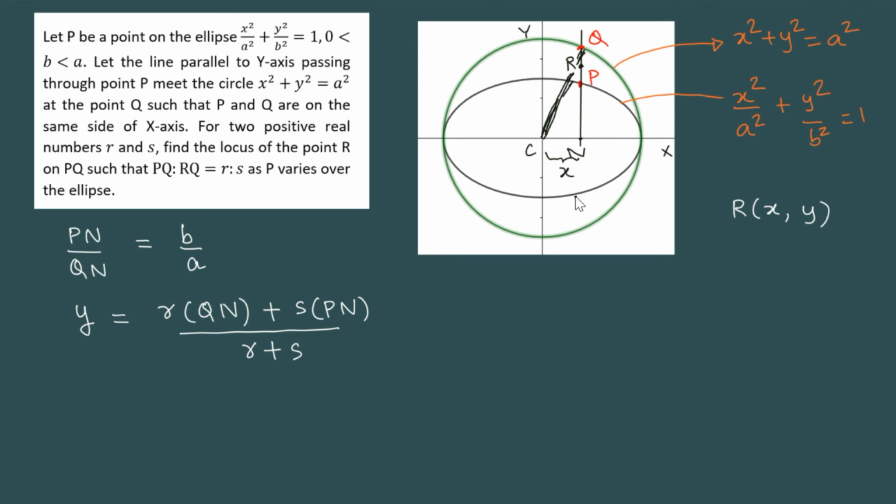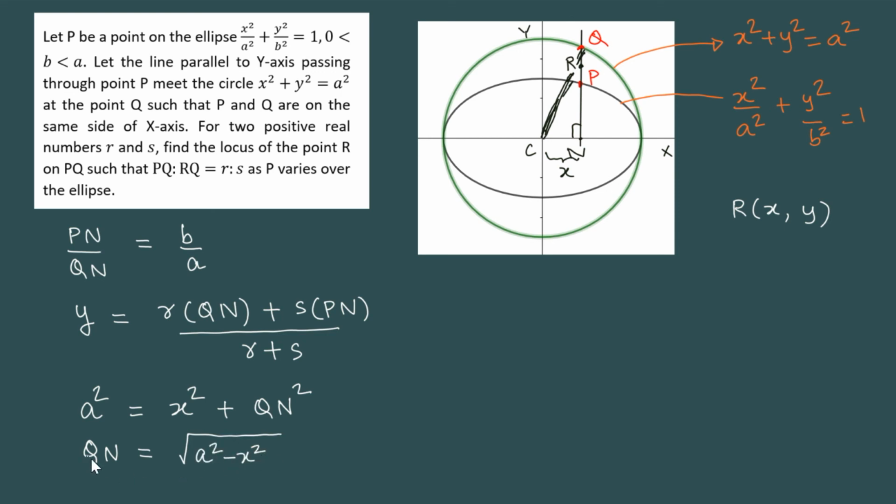Looking at that right triangle, one equation I can write is the square of the hypotenuse, which is a square, is x square plus QN square. So from here we have QN, which is going to be the square root of a square minus x square.